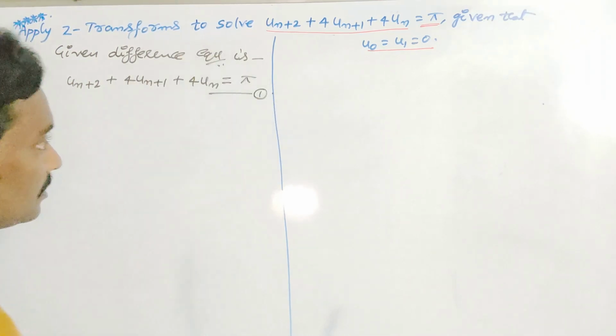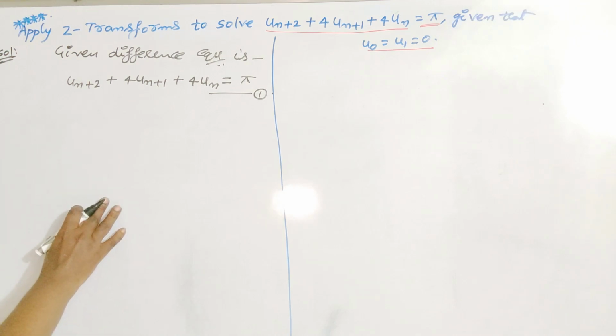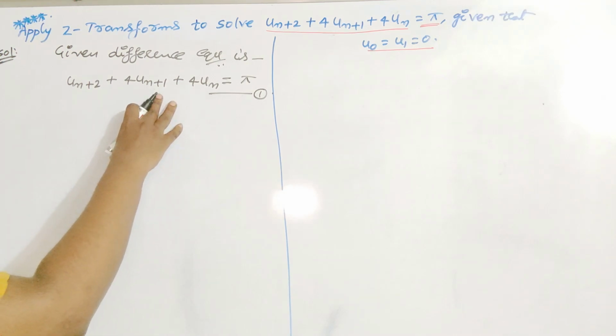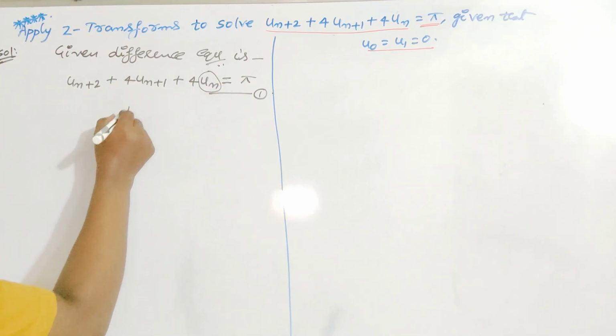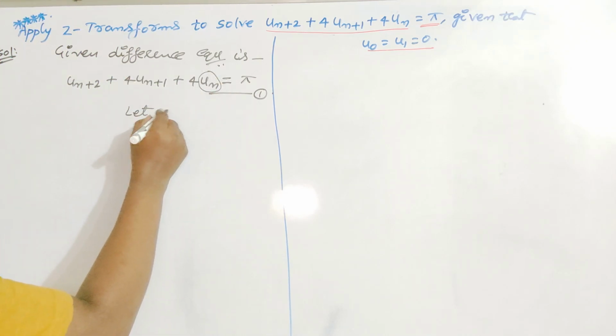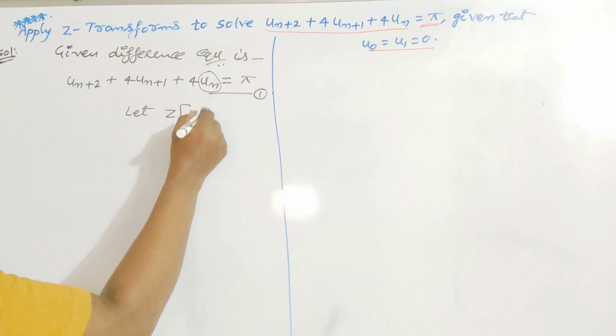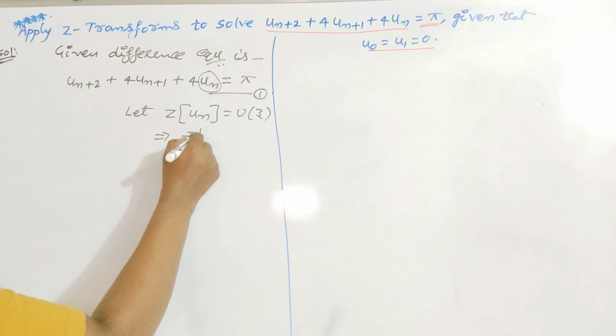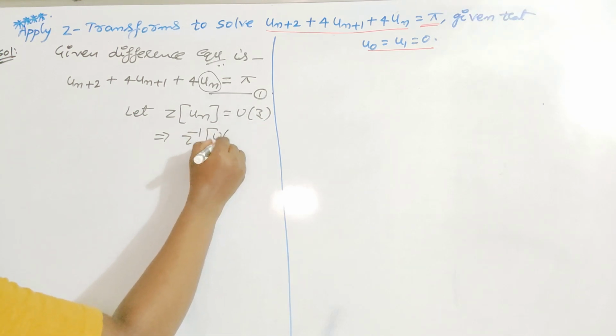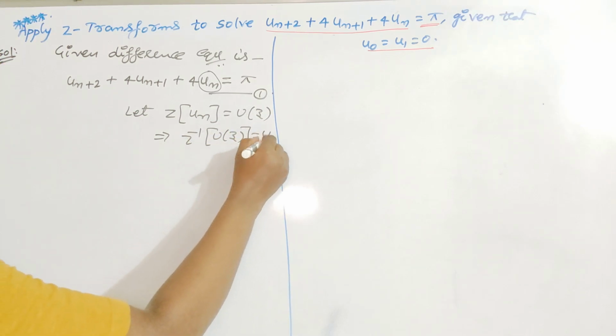Take it as equation number 1. For getting the solution of this type of difference equation, it is enough to find the value of the nth term. So, what is the Z transform of this nth term? U bar. Already you know it. So, the inverse Z transform of this function of z is u(n).